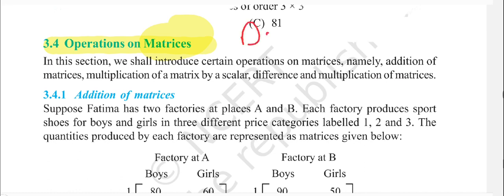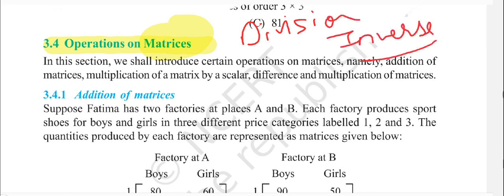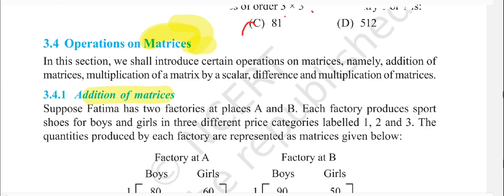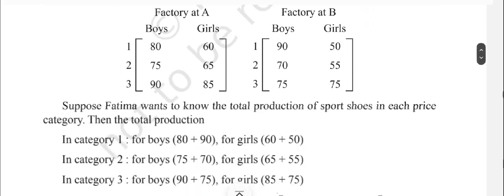So division here is analogous to inverses. This is a topic which we will see later, but for the time being, let's start with the topic of addition of matrices. Let me explain this concept with the help of an example.